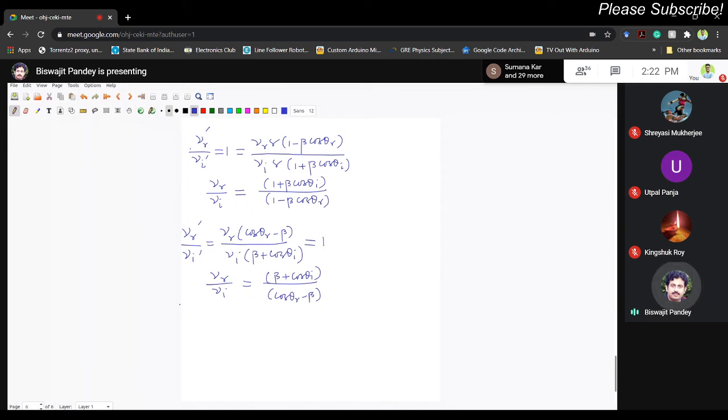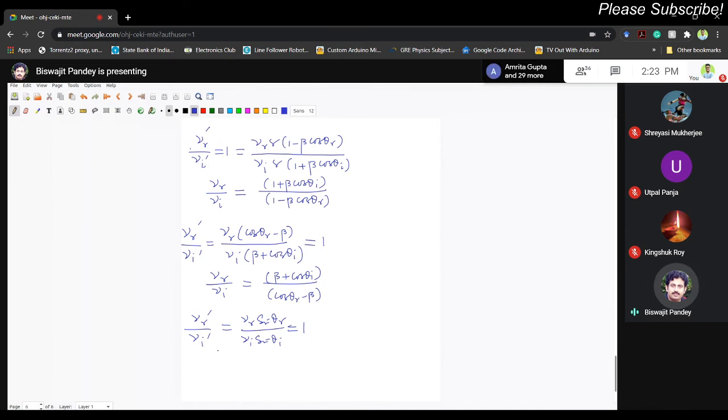And for the third ratio, of the third and sixth, nu r prime divided by nu I prime, you get nu r sine of theta r divided by nu I sine of theta I. Again, they are the same in the mirror frame, which is why I am writing them equal to 1.